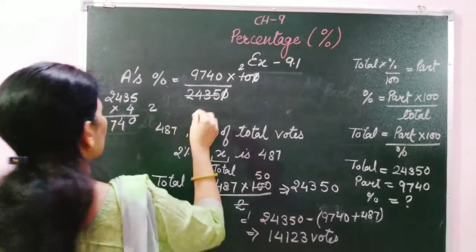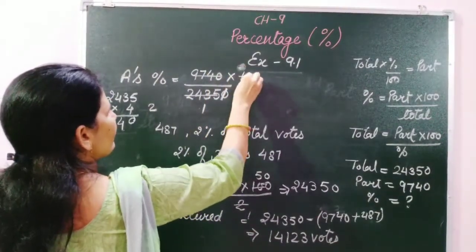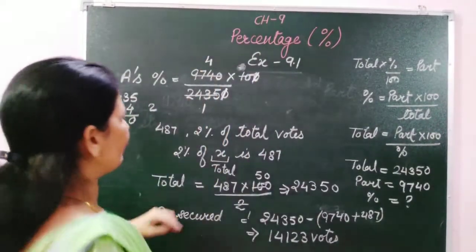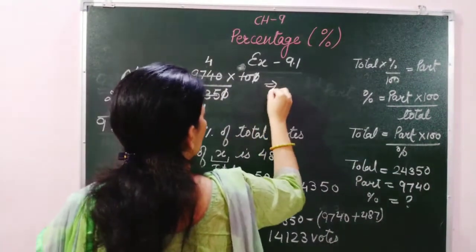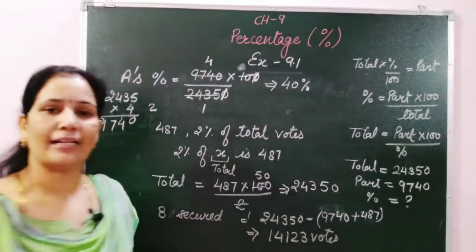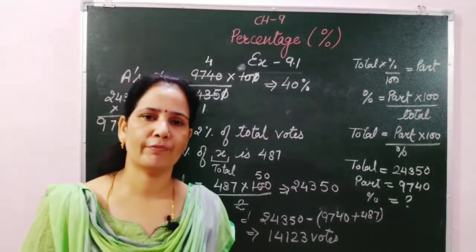Yes, absolutely. This one 1 ja, and this is possible to, it will remain 10 as it is. Okay, we are not going to cancel. This one in 4 ja completely divides. Okay, and 4 10 ja 40. So what is the percentage of A's vote? That is 40%. Understood how we find this one?